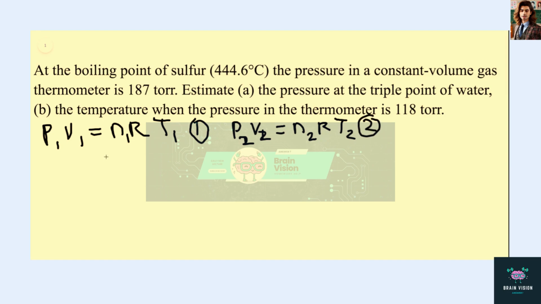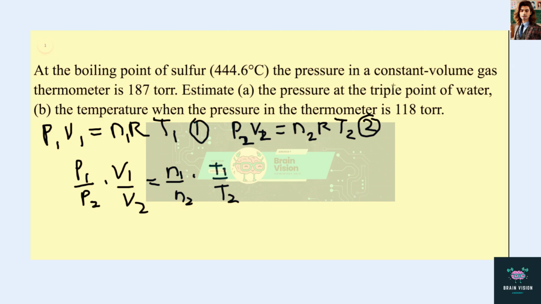Now we divide equation 1 by equation 2 to give P1 over P2 times V1 over V2 is equal to n1 over n2 times T1 over T2.